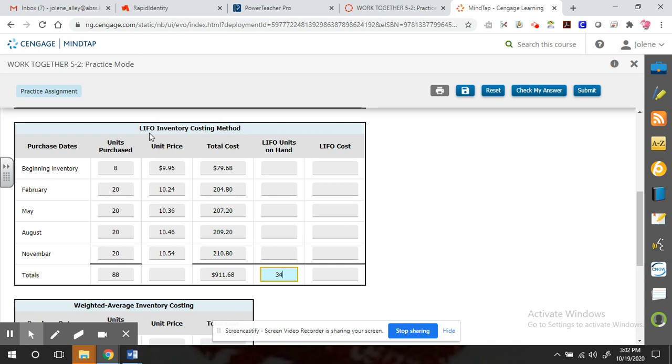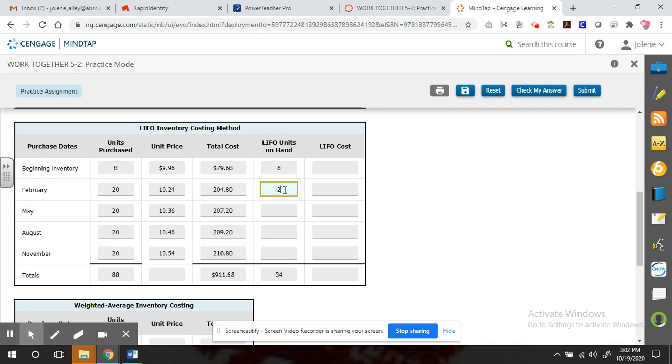So the customers came in and bought these air filters, and they took the ones that were on the top of the pile. They took the 20 that came in November, and then they took the 20 that came in August, and then back and back and back. So the ones on the bottom of the pile are still there. So we still have 8 from our beginning inventory.